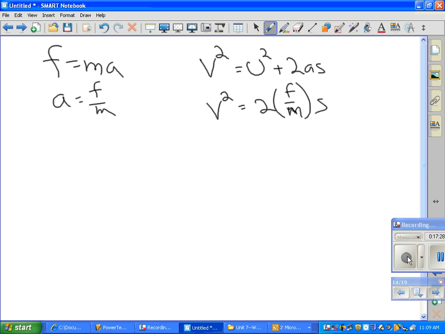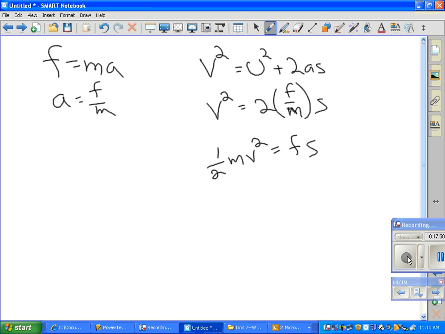With me so far? Just substituting F over m for a, okay? And then I'm going to rearrange this a little bit, and I'm going to go 1/2 mv squared equals force times displacement. Does that make sense so far?